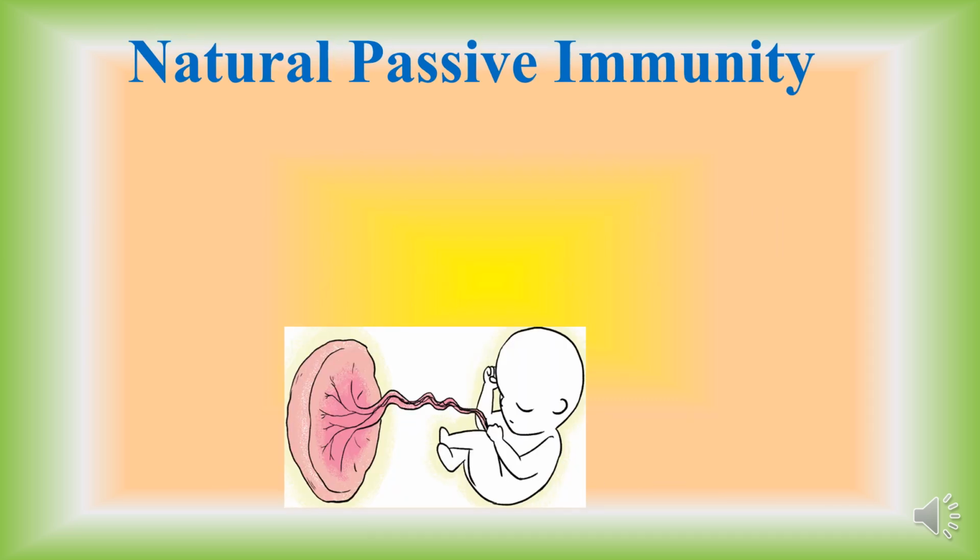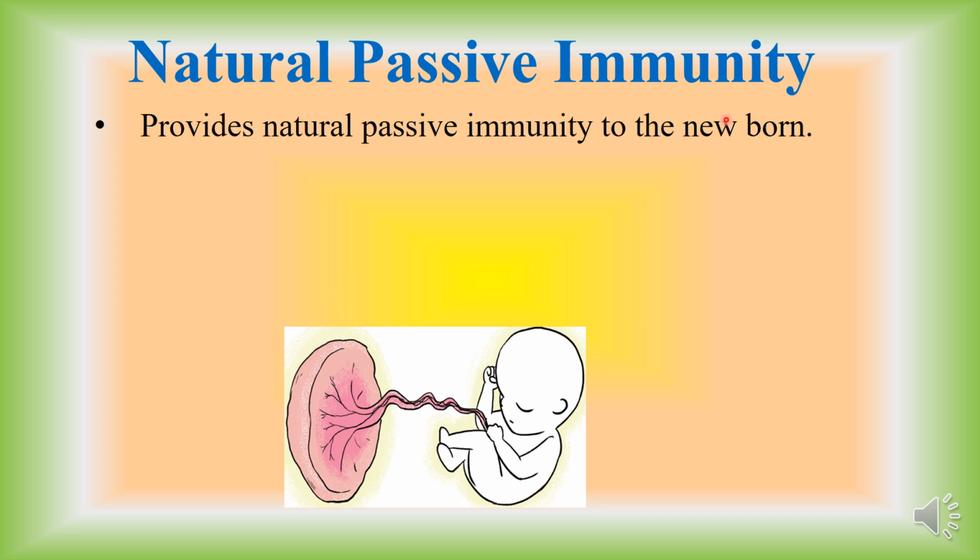So have you ever thought which is that immunoglobulin which provides us safety or immunity when we are newborn and our immune system is not fully developed? Firstly, this kind of immunity is known as natural passive immunity, and immunoglobulin G provides us natural passive immunity when we are newborn.